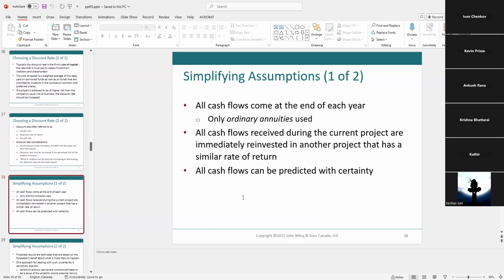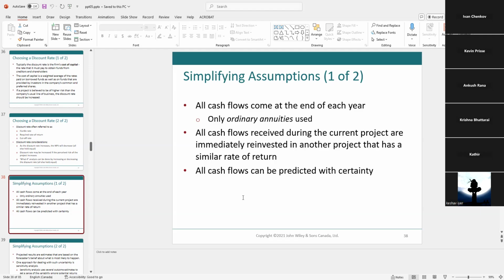Now, simplifying the assumption, if all cash comes at the end of the year, those are ordinary annuities. All the cash received during the current projects is immediately reinvested into another project, which has a similar rate of return, and all cash flow can be predicted with certainty.